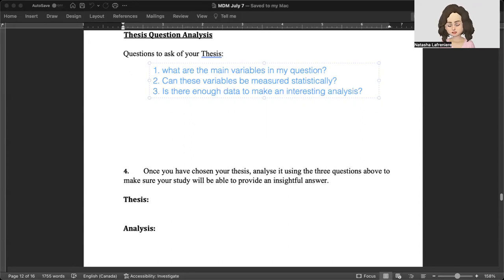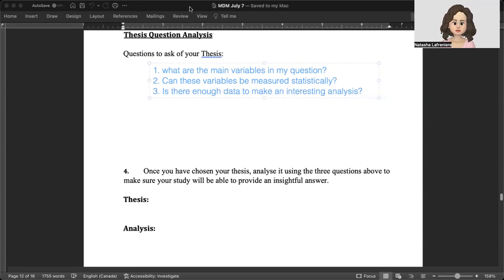You can't create a thesis, you can't write a report on that. It just won't work out. So you have to make sure that there's enough data. Once you have chosen your thesis, analyze it using the 3 questions above to make sure your study will be able to provide an insightful answer.